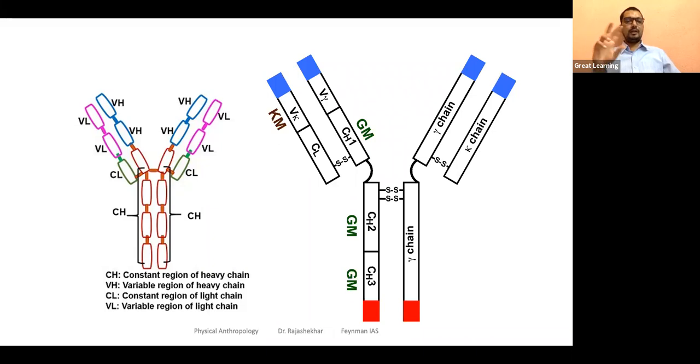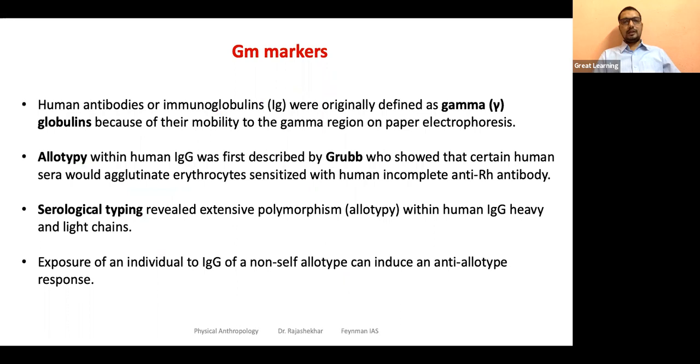Allo means similar, typy, similar types. Small differences in amino acids. So this allotypy is what results in the polymorphism here. Very small differences in amino acid sequences, could be mutations, result in different forms of IgG in different individuals. So such an allotypy was studied initially by Grubb.